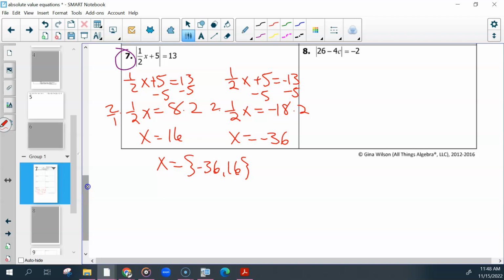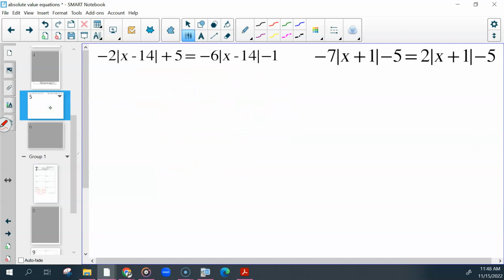On the back of your quick check page, I'm going to have you write this down. Write both of these down.